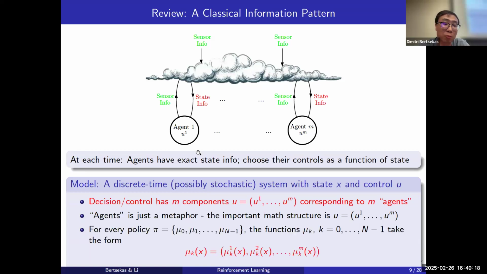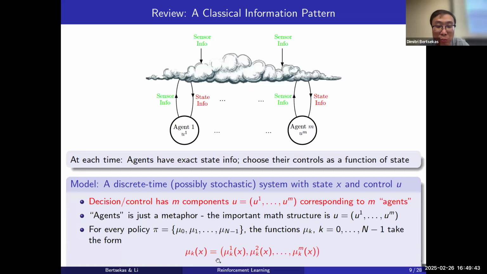So for this particular case, if we have a policy, which we denote by pi, and for each stage it has a function mu 0, mu 1, and so on, then the functions for each stage, based on the common information, need to select each component.